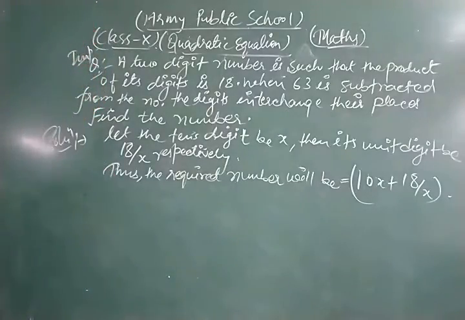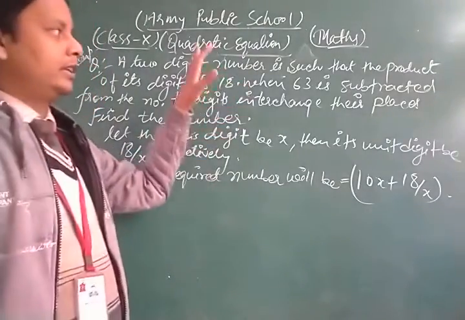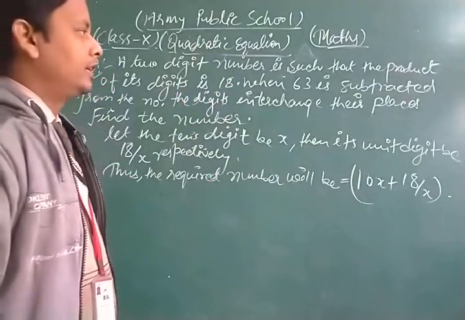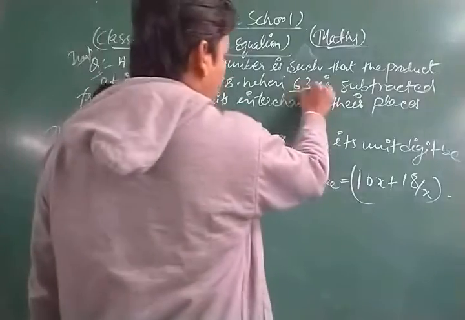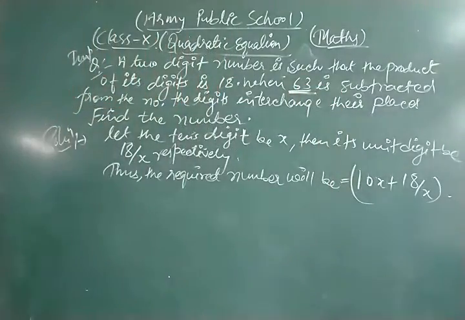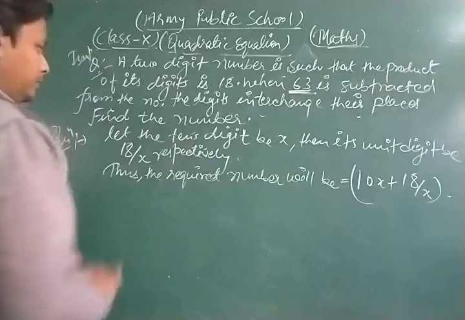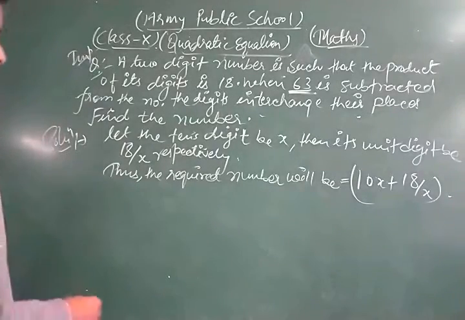Now the next condition is that when 63 is subtracted from the number, then the digits interchange their places.